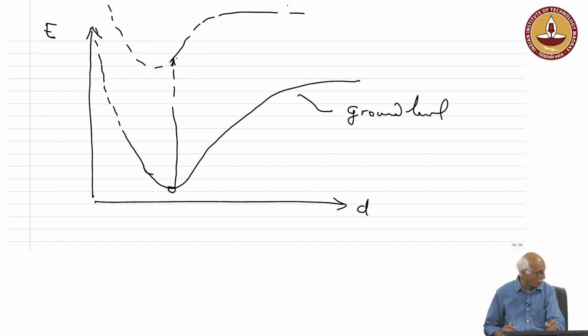So, from one electronic state it can go to another electronic state, and subsequently it will return through spontaneous emission or stimulated emission, etc. Now, this is the ground level and this is the excited level.